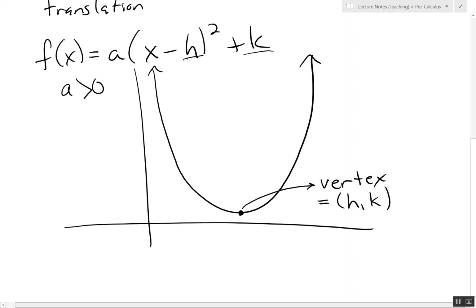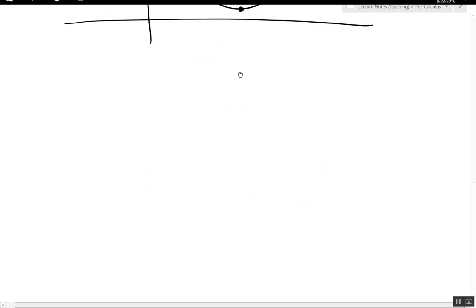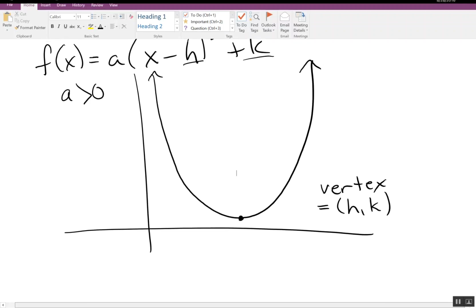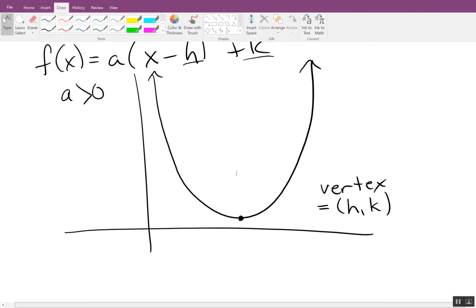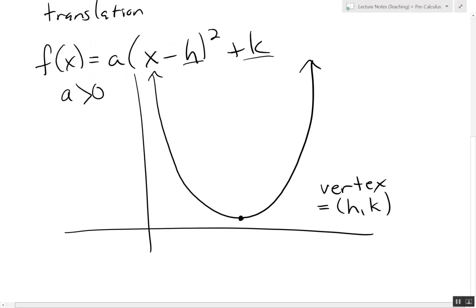If we look at this line, x equals h, it's not part of the graph, but this is known as the axis of symmetry.